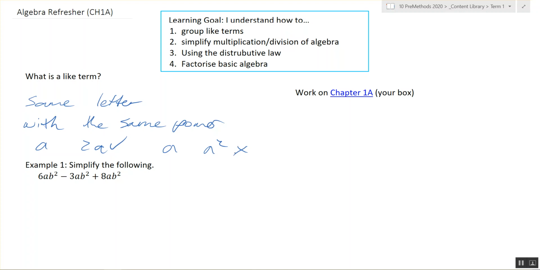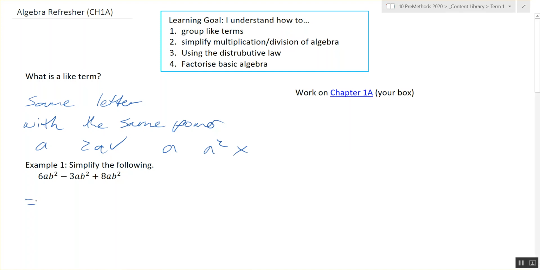Yeah? So in the first example, simplify the following. Are those 3 things like terms? Do they have the same letters with the same powers? So they are like terms. So when we simplify, we just look at the number in front of the terms. So 6 minus 3 is 3, plus 8 is 11.